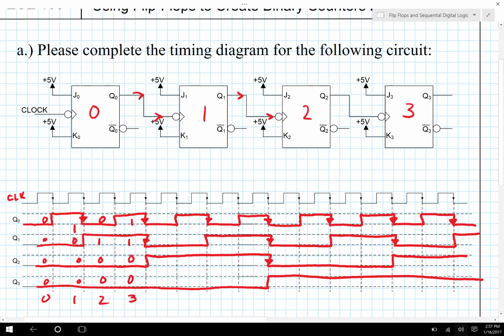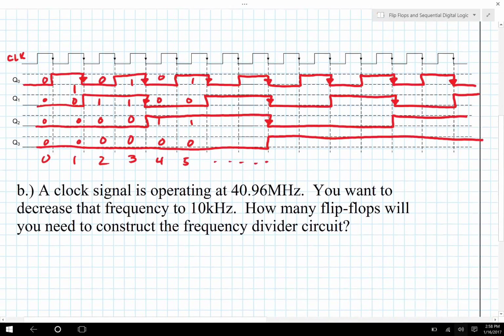And then we can keep going. 0, 1, 0, 0, that's a 4. 0, 1, 0, 1 is a 5, and so on. It'll continue up to 15. I think 15 is just off the right side of the screen, and then it will cycle back to 0 again. So this shows that it does, in fact, give us the binary counter that we're looking for, and that each one of the flip-flops is going to have half the frequency of the previous flip-flop.